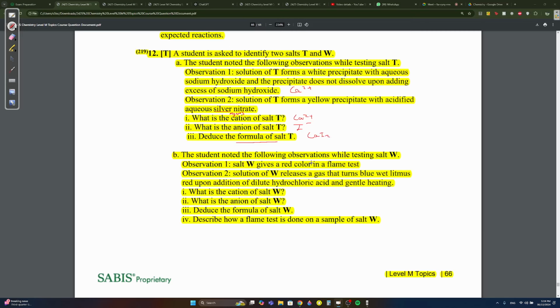The student noted the following observations while testing salt W. Salt W gives a red color in a flame test, so it's lithium. And solution W releases a gas that turns blue litmus paper red upon addition of dilute hydrochloric acid and gentle heating. It can either be CO3 2 minus or SO3 2 minus.